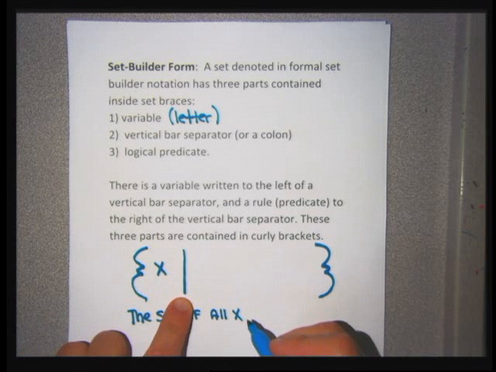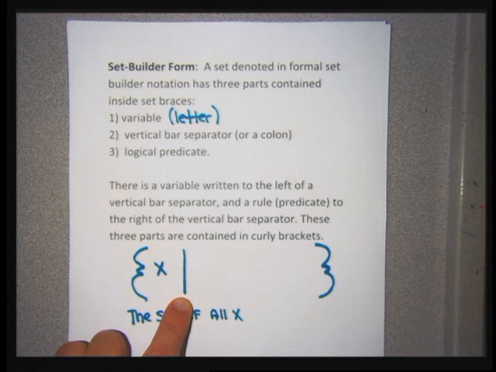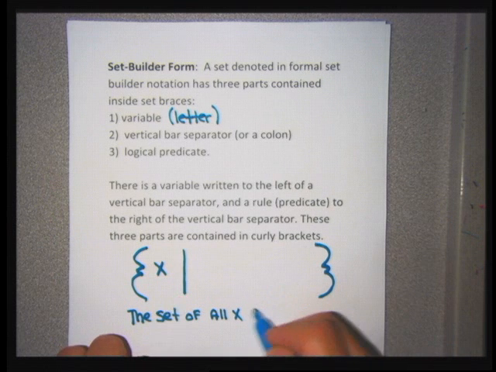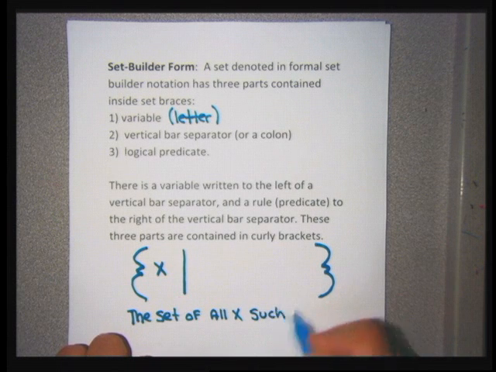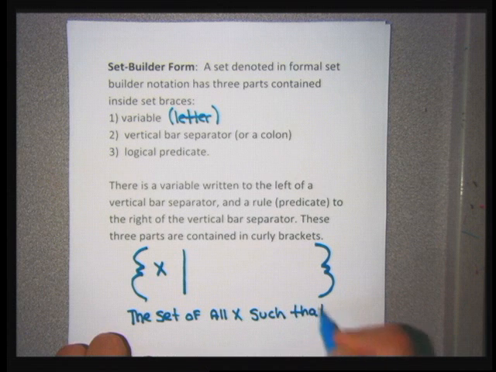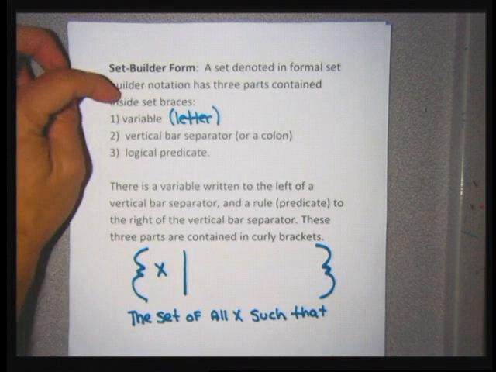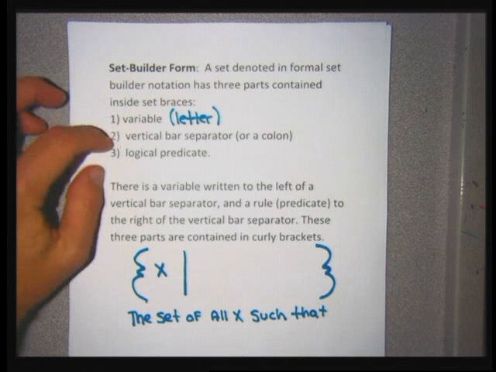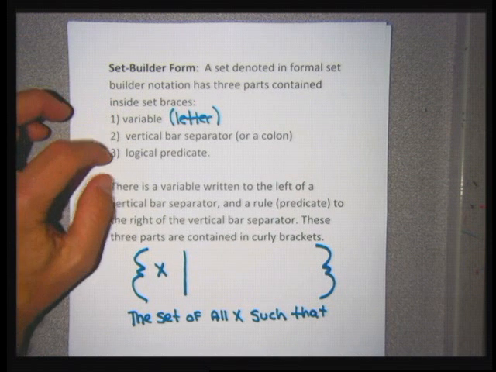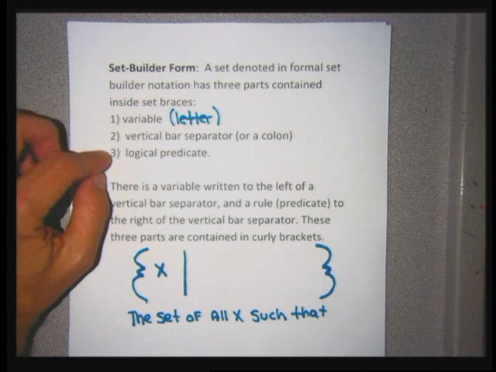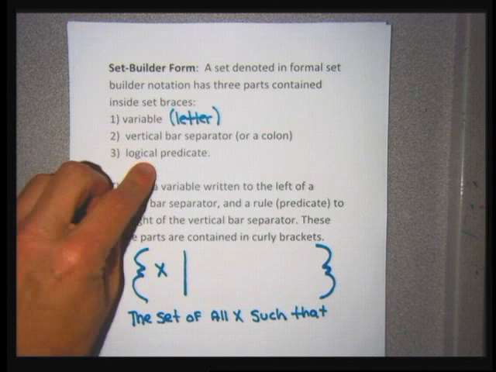And this vertical bar, I usually say it's the words "such that." So a mathematician would glance at that and say, this is the set of all x such that. I have the set braces, the variable, the vertical bar separator, and then something after the vertical bar is going to describe the set.